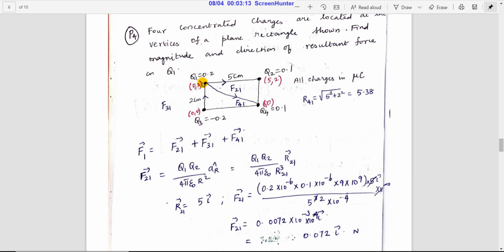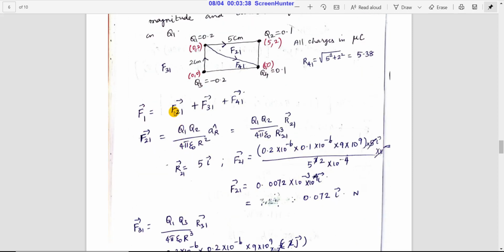To find the distance between Q1 and Q4, we use the parallelogram law, which is root of 5 square plus 2 square, which is 5.38, the distance between the first charge and the fourth charge.